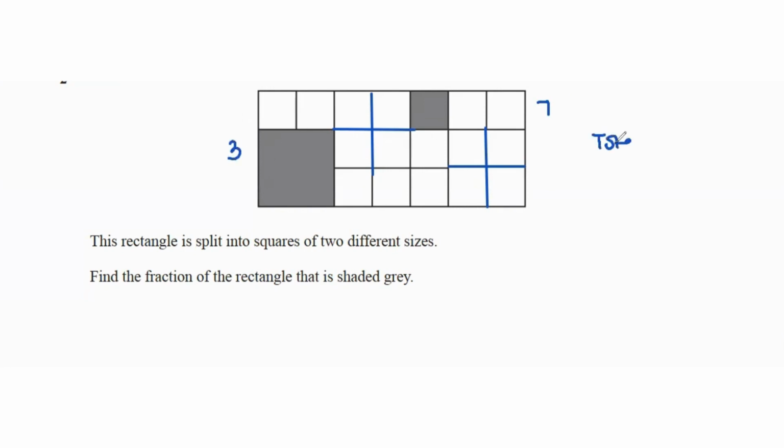So total is going to be 7 times 3, which is 21. Now if you look at the shaded ones, 4 over here and 1 over here. So shaded is 5. So fraction of shaded gray is going to be 5 over 21.